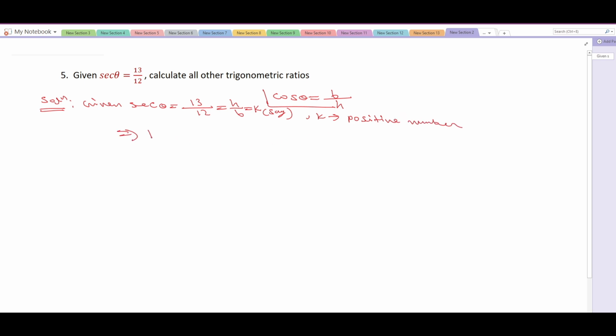From this we can write H equal to 13k and B equal to 12k.